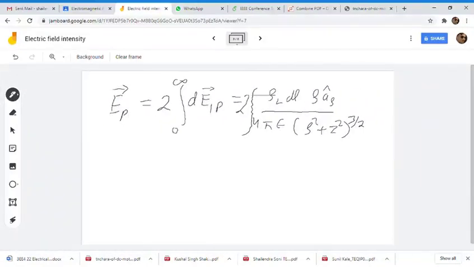Okay, now you just have to integrate. This is a simple integration, but you have to do some manipulations to do this integration.